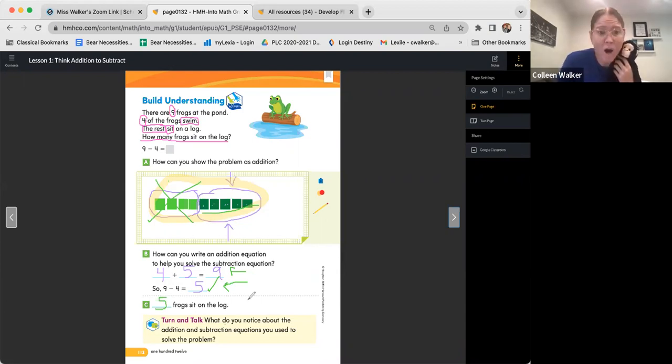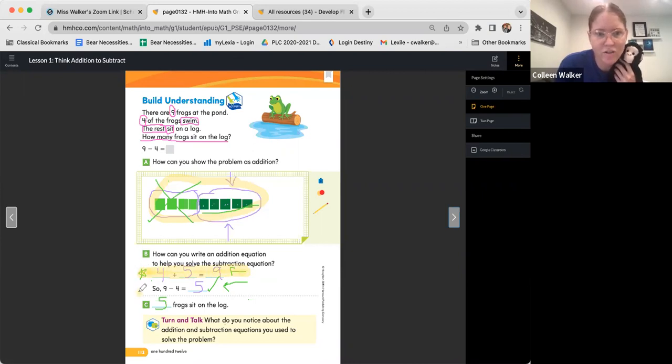But he says one of the equations shows making the total. This one, right? This one shows how to make the total. And the other equation shows taking the total apart. So this first equation, the one that I'm about to highlight in yellow, shows how to make the total, how to make 9.